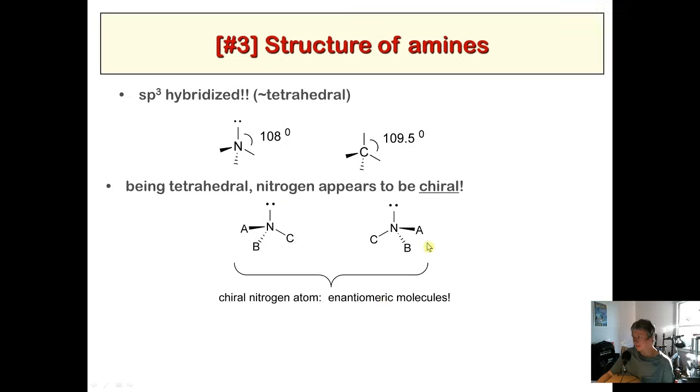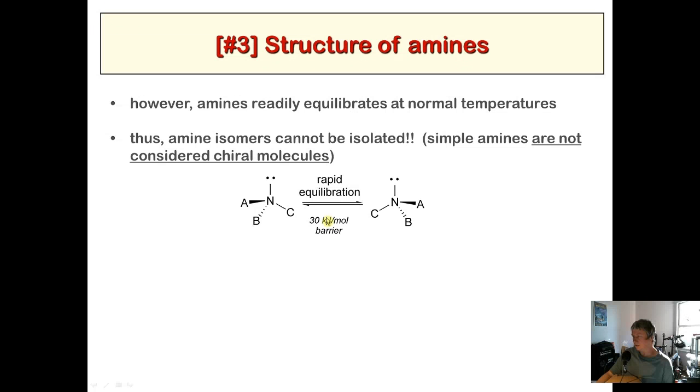And that is kind of true, except in a lot of cases, these things interconvert, and they don't actually hold on to chirality. But there are cases where it does retain chirality. I think I'll show in a second. So amines normally would equilibrate at normal temperatures. Therefore, you couldn't really hold on to a chiral center.